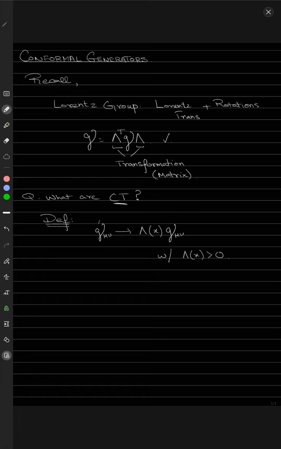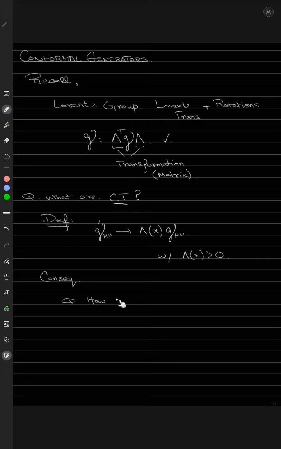Now this is going to have some consequences, if you will, right? And so we'll discuss those consequences now. One of them is to ask how the metric tensor transforms.